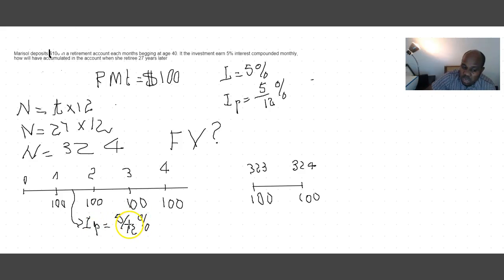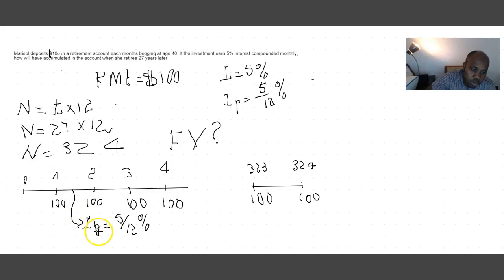You can compute it to see how much it's going to be. It's about $0.41, like 41 cents, because it's every month. This is an approximation; you can compute it to see exactly what 5 over 12 gives you.